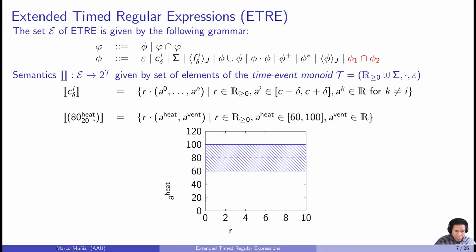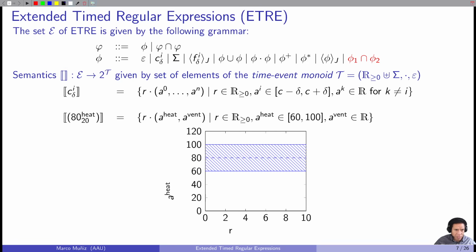So what this means is graphically here. This gives us all the points where we have the dimension heat, whereas the other dimension, the ventilation, so we have 2 components, heat and ventilation. The ventilation is unrestricted, and heat is restricted to the values of 80 plus minus 20, so 60 to 100. And visually, we see here 80 plus minus 20.